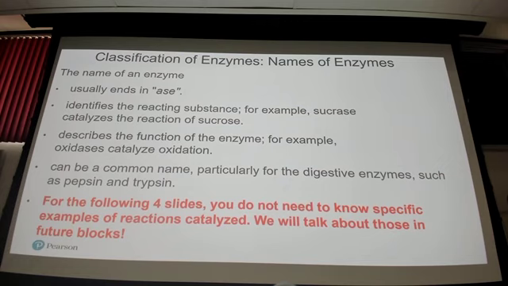That's another nomenclature used. And then enzymes are named based on the type of reaction that they catalyze, and we're going to talk about some examples of that. So for the next couple of slides, you don't have to know specific examples. There's a couple examples in each of them, unless the definition doesn't really help you. And we're going to see that right now.